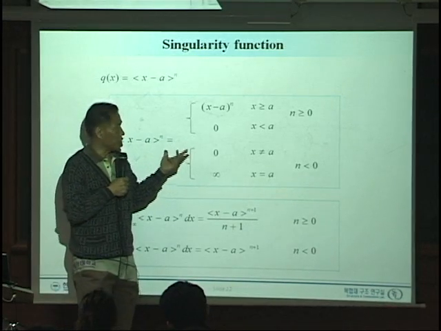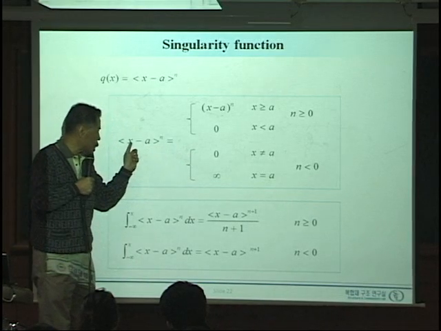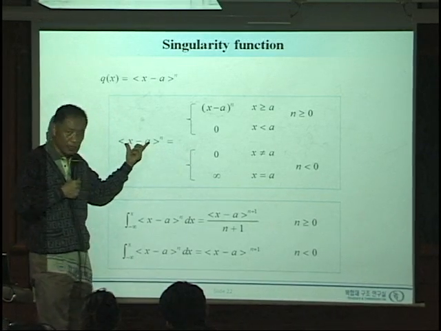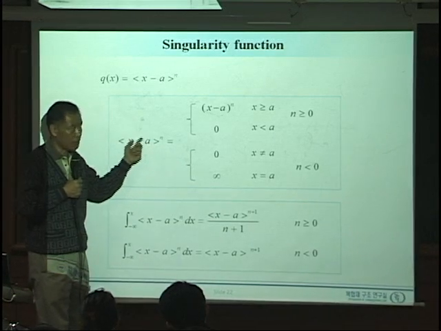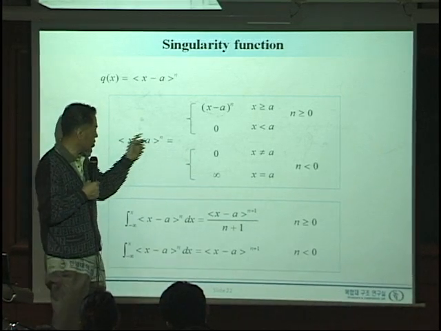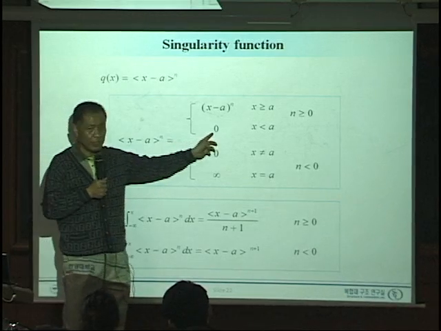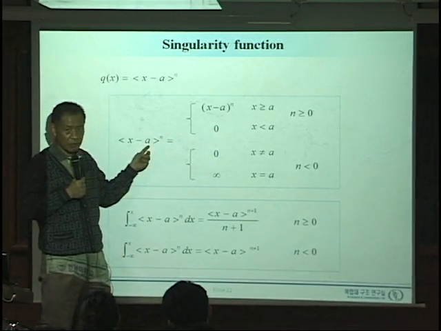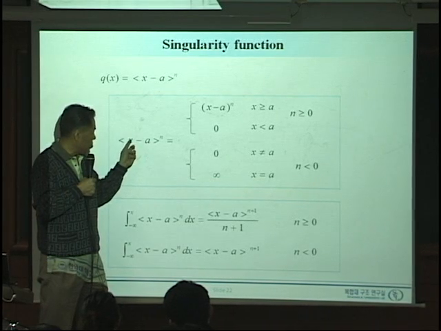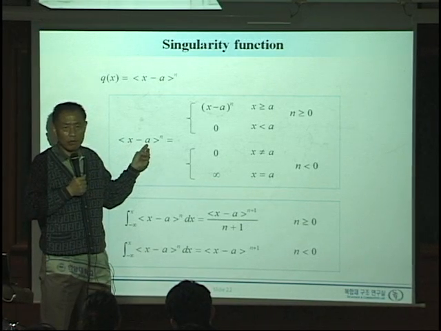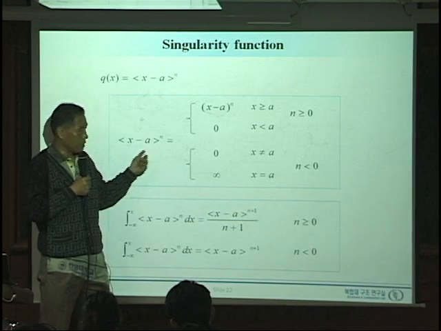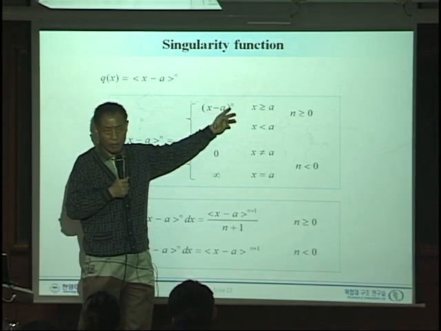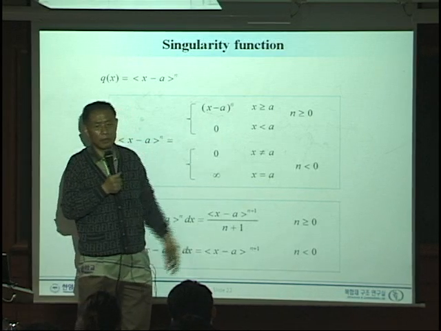Now, the definition is like that. If x is less than a, means this is negative, okay? If this is negative, then this whole term will be 0. And if this term is positive, means that if x is greater than a, then this term will be just a regular parenthesis to the power of n.